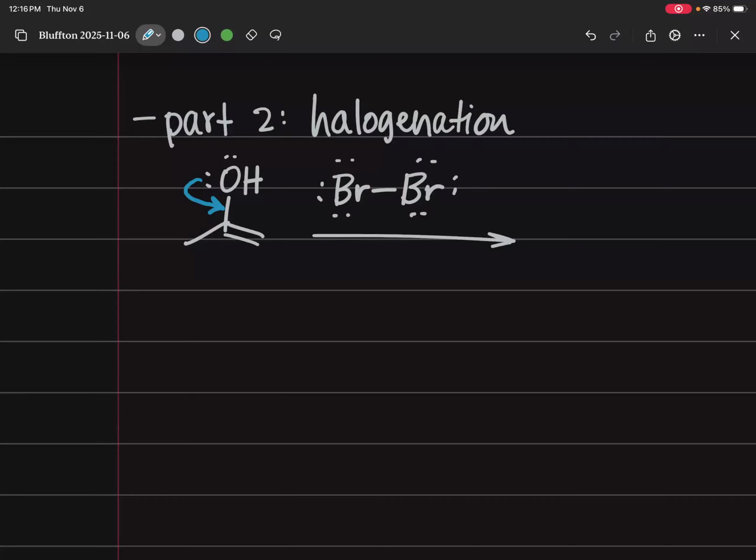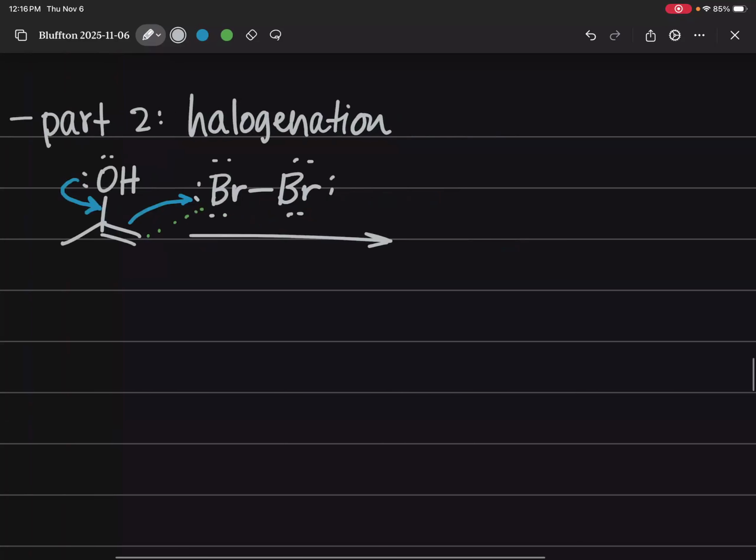And at the same time, our nucleophile is going to reach out and grab the bromine, and it's going to do that with the electrons from that double bond. So we're going to make a bond between the alpha carbon and the bromine. Also, a bit ancillary to everything else, but still important, we have to break the bromine-bromine bond so we don't have more than an octet of electrons on the bromine.